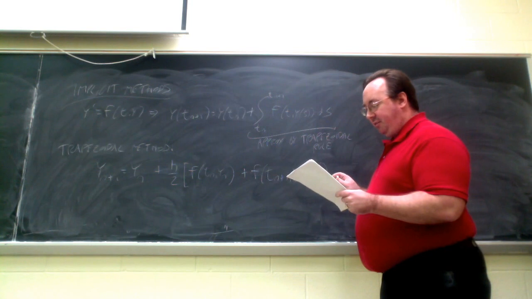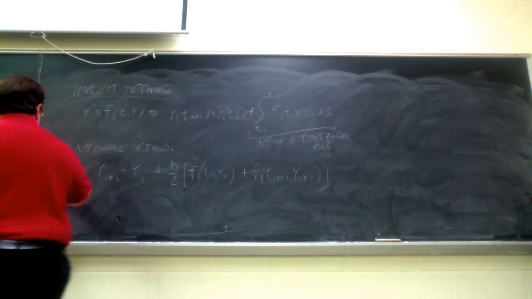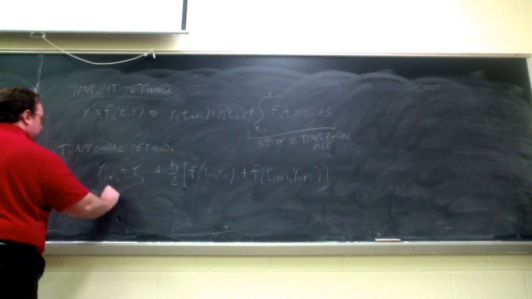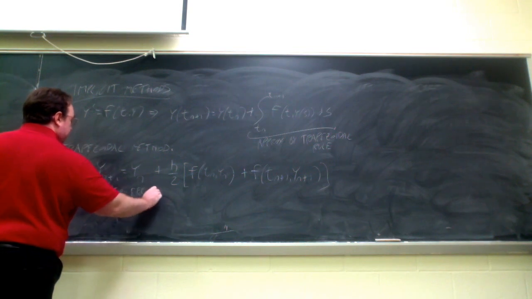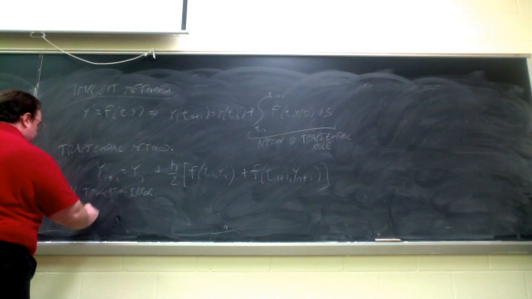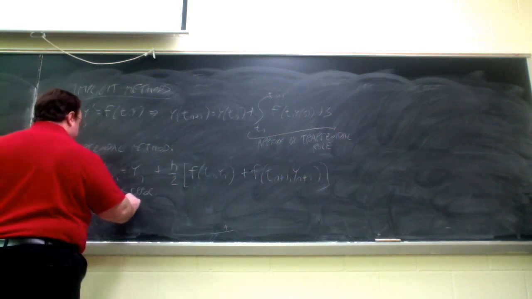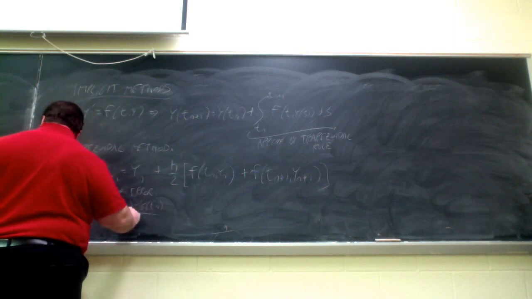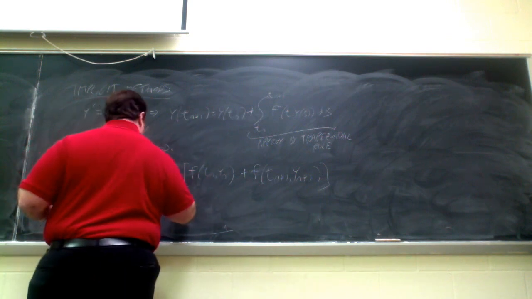Now what I'd like to do is find a local truncation error of this method. For a definition of that, I have y of tn plus 1 minus y of tn over h minus.